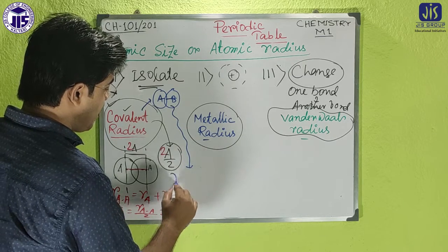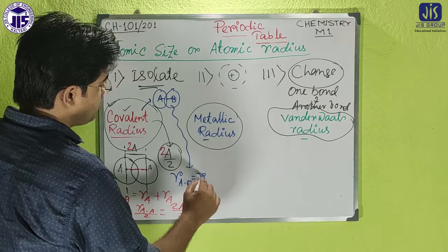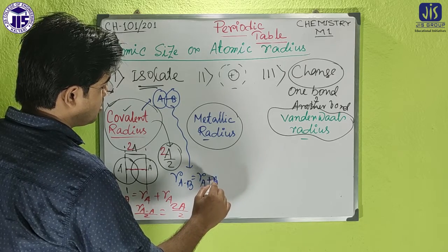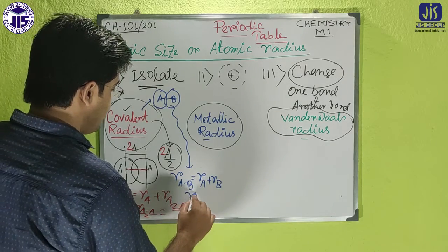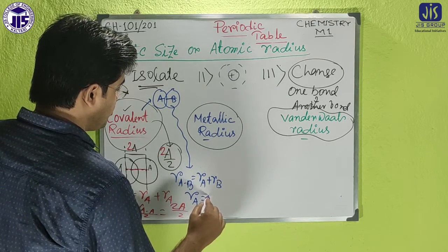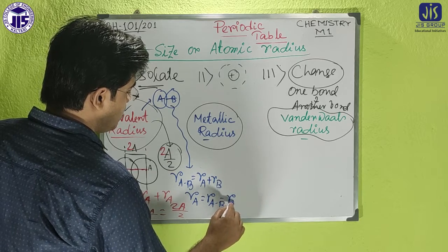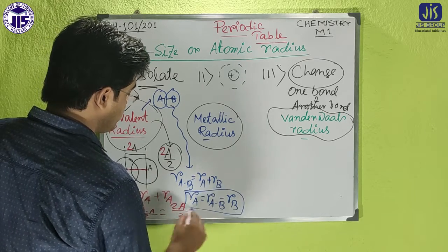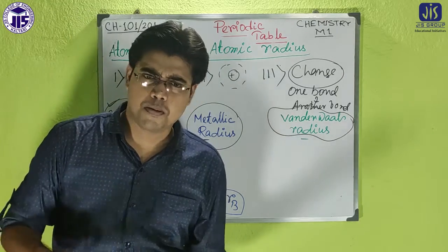Then we have to take R_AB equals R_A plus R_B, isn't it? So the covalent radius of any of the atoms, R_A, equals R_AB minus R_B. So that will be the equation for the covalent radius for any of the molecules.